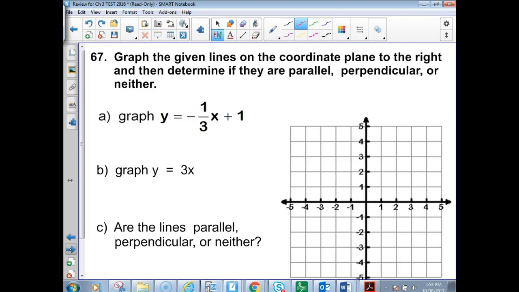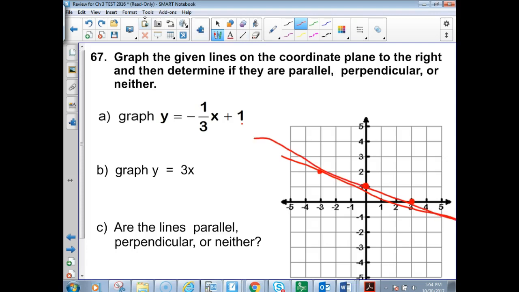Okay. 67, graph the lines on the coordinate plane to the right and determine if they're parallel, perpendicular, or neither. The first line, I'm going to start at 1 on the y-axis. The slope of -1/3 means down 1, right 3, or up 1, left 3. So there's the first line. Oops.